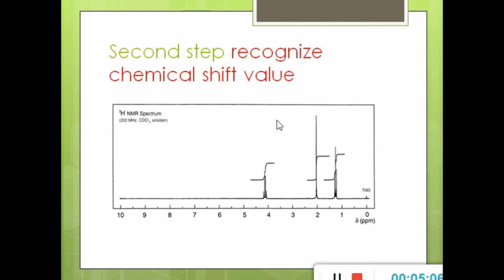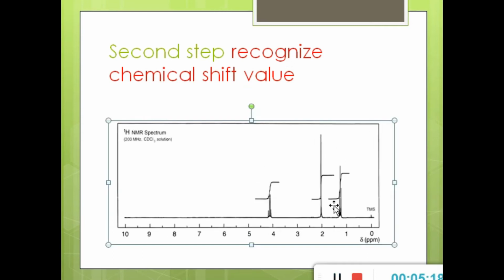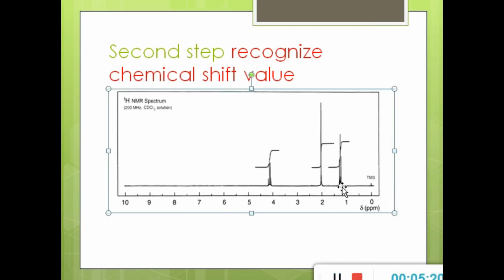Here I see the chemical shift value of the first peak. Let's see, if I take this brush, chemical shift value 1, this is 2 and this is 3.